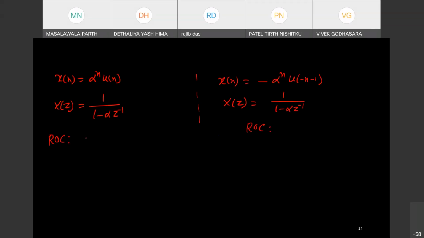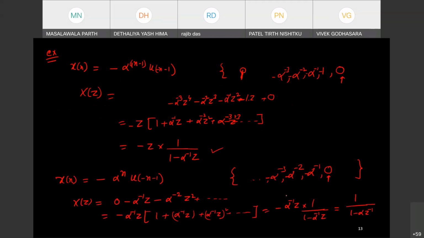What is it? So here it was alpha z to the power minus 1. That mod should be less than 1. And here it is alpha to the power minus 1 and z. Oh, it was opposite. No? So you can check. So this is the series.